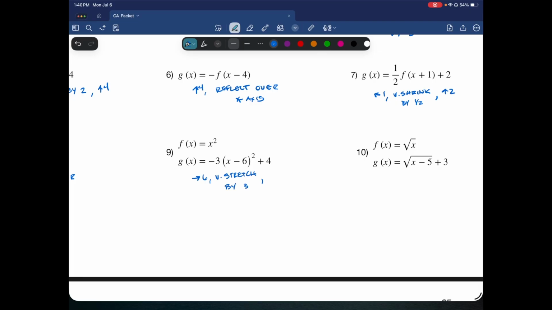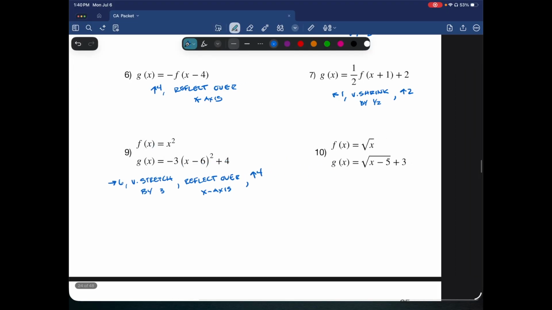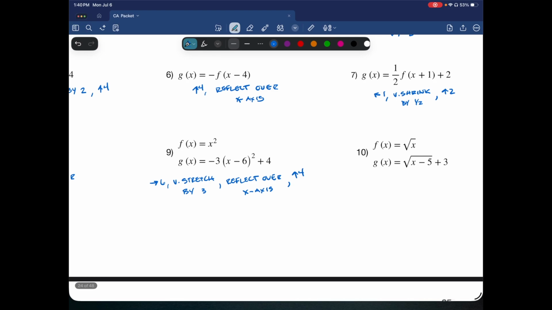The negative says I'm going to reflect over the x-axis and up 4. Okay, so let me center that a little bit. So that's the idea. Again, I'm just following the order that I laid out earlier.